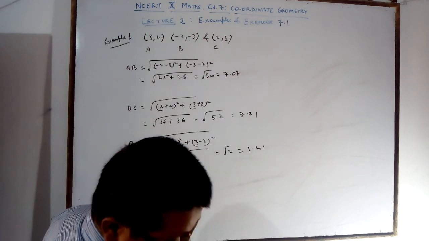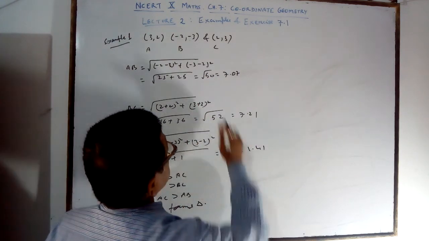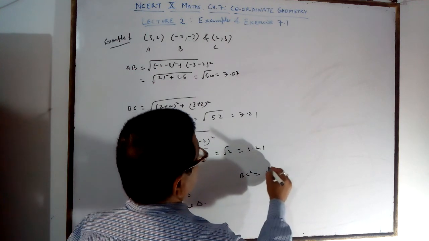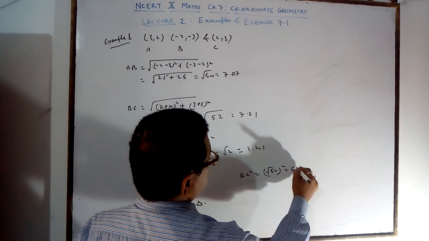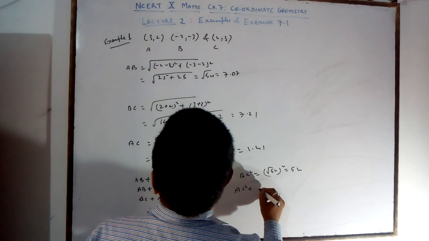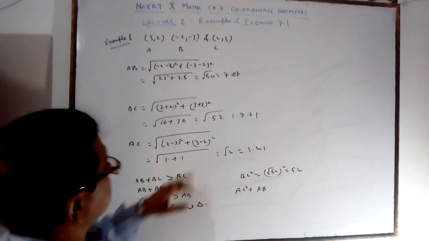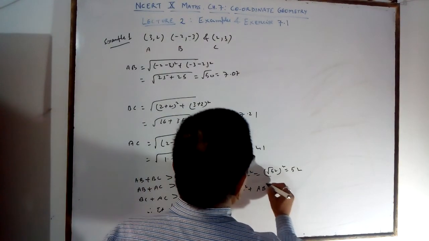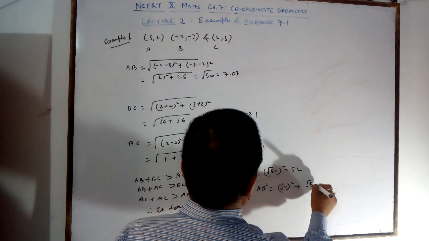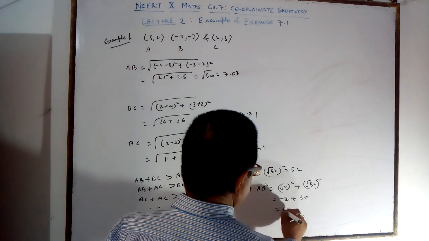What type of triangle? You can apply Pythagoras also here. BC is the largest side, root 52. BC square is equal to 52. AC square plus AB square is root 2 square plus root 50 square, which gives 2 plus 50, that is 52.